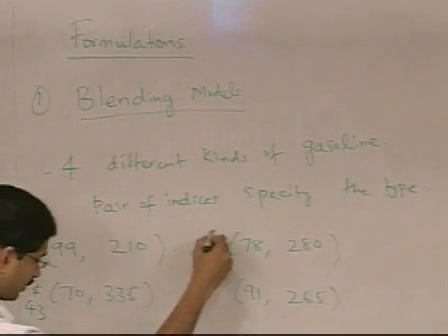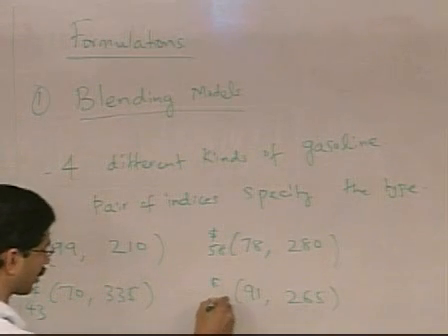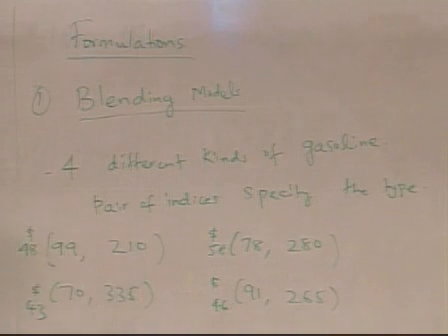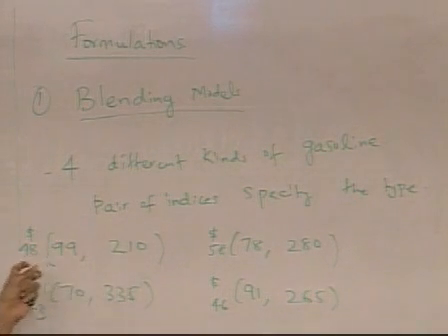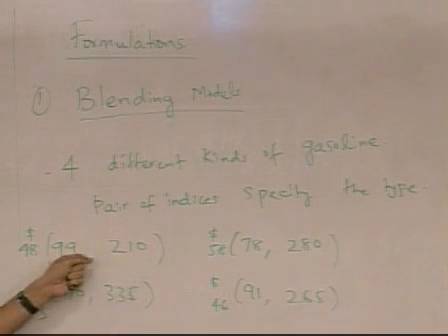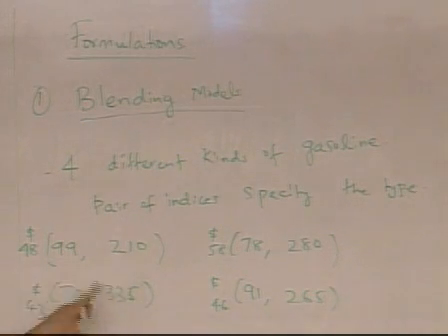The cost of this is 58, and the cost of this is 46. So we have available these 4 kinds, and we want to make something out of these. In other words, you're going to take some amount of this, some amount of this, and blend them to get something whose indices are somewhere in between these 2 things.